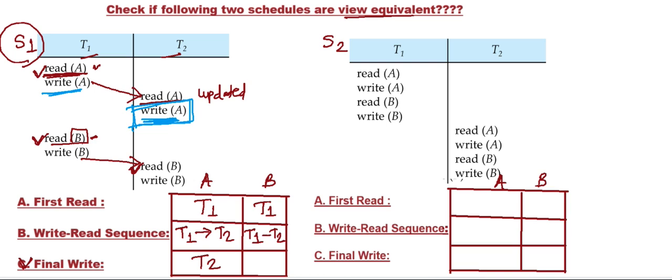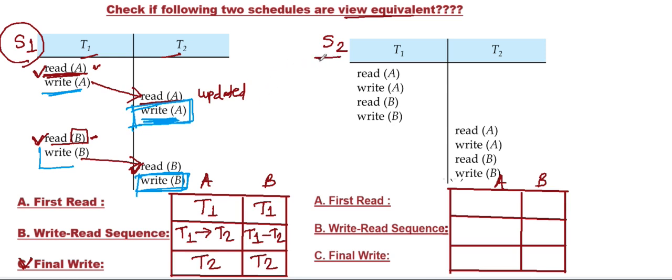Now check the final write of B. This is the first write of B and this is the second. The second write of B is the final write on B, again made by T2. So we have done this for schedule S1.